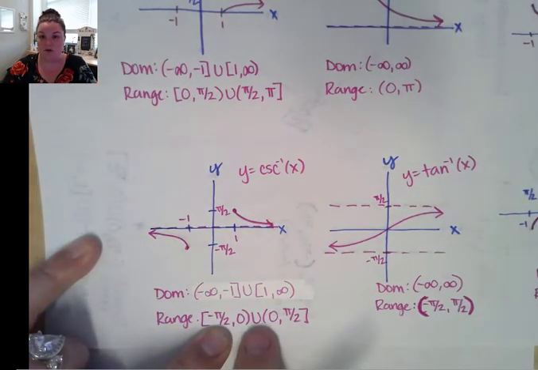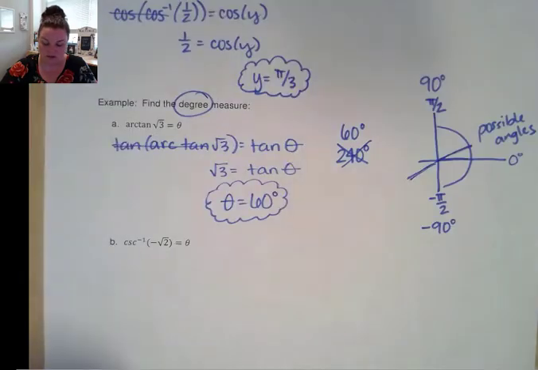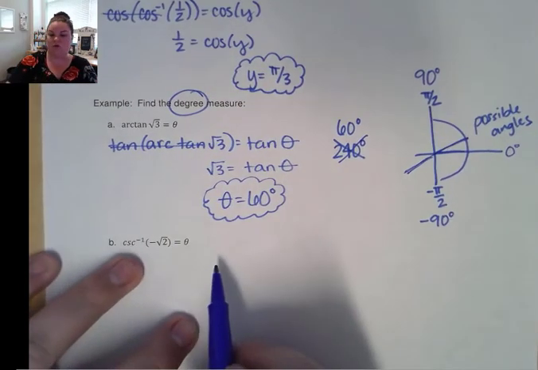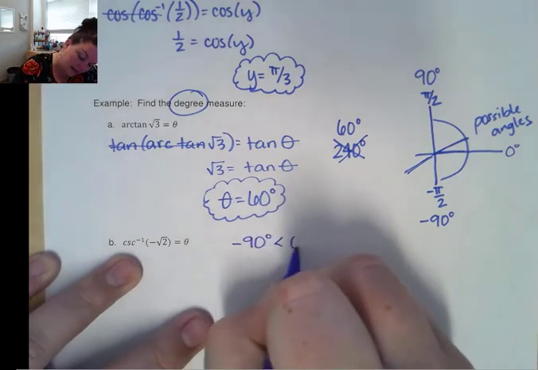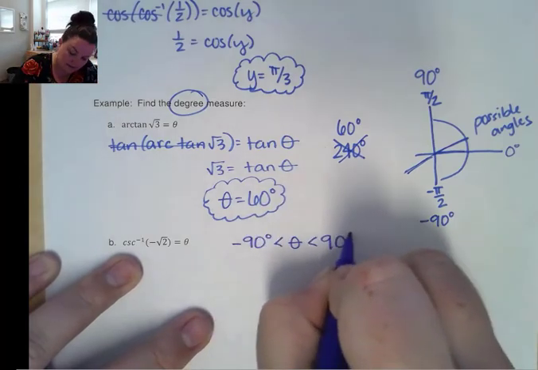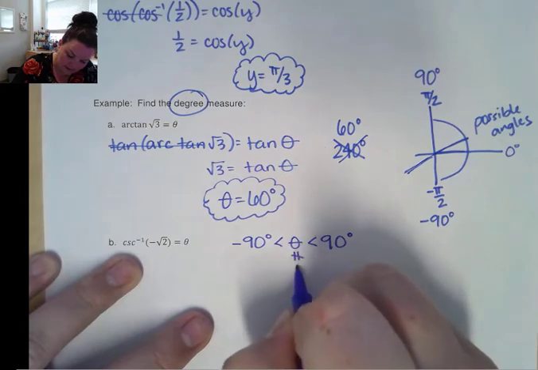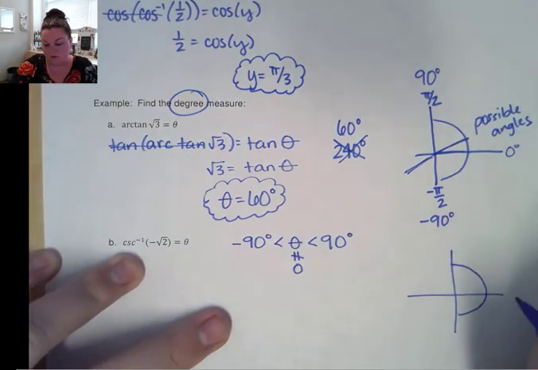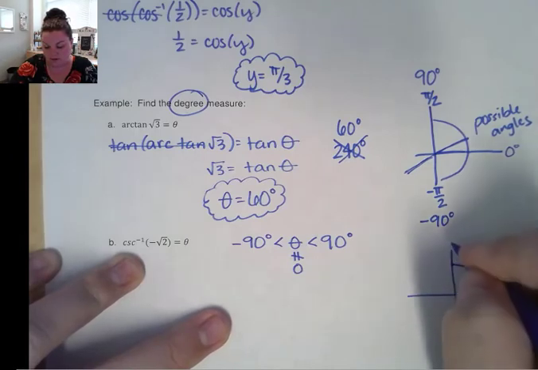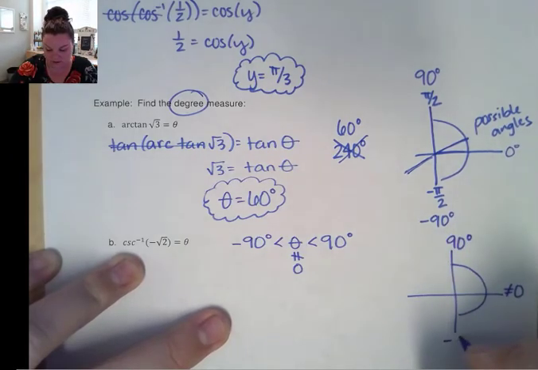Tangent could, but cosecant cannot equal 0, because we had to take it out of our possible answers. So cosecant has to be between negative 90 degrees and 90 degrees, and this cannot equal 0. Or in other words, our possible angles are over here. It cannot equal 0.